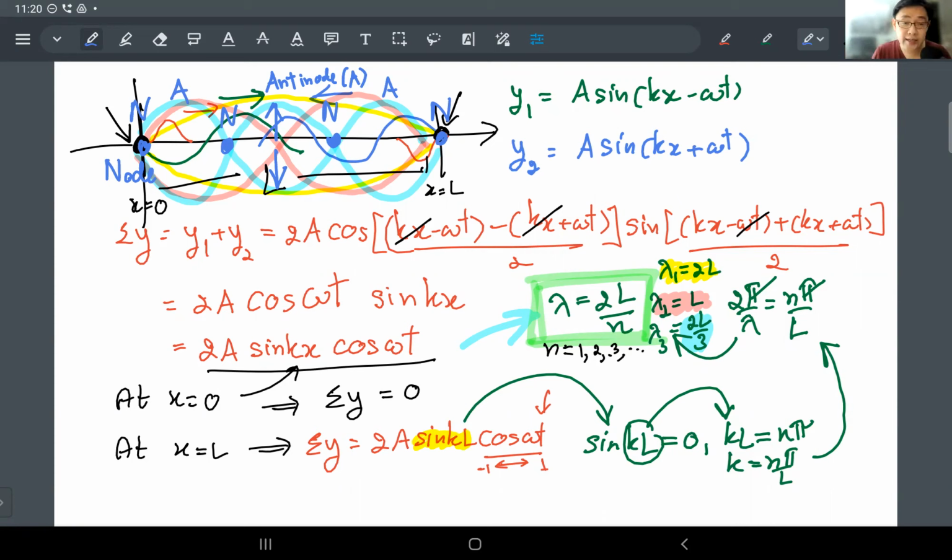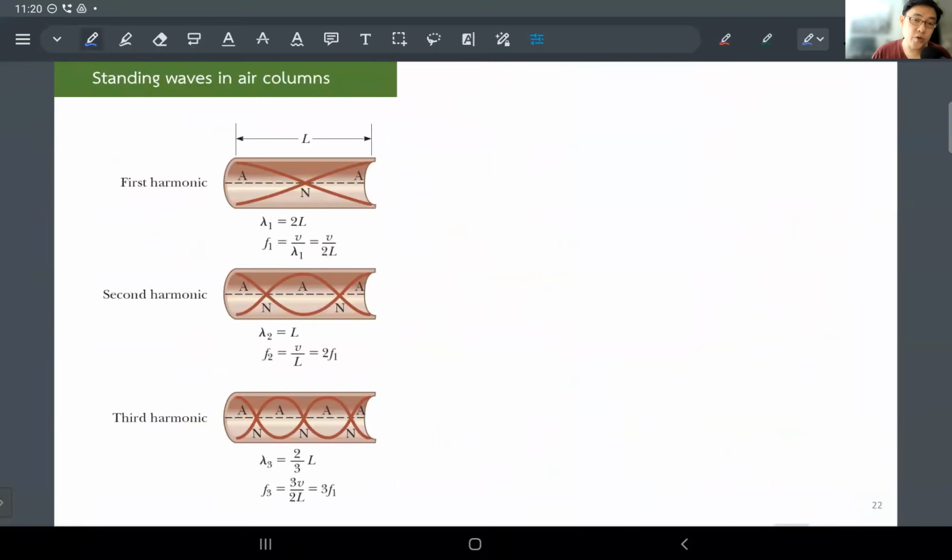Yeah, so the good thing is once you understand what is going on in a string, which is easier for you to relate to, you can then turn your attention to sound. And then we're going to have a system that can generate a standing wave in sound, and it's simply an air column. When you think of the air column, it's just a tube.